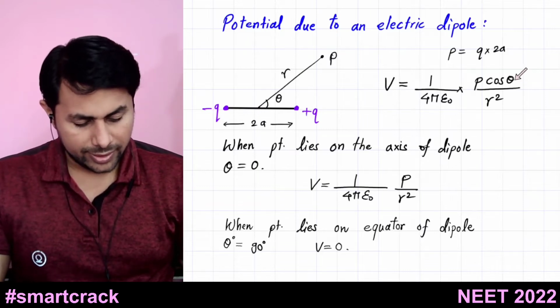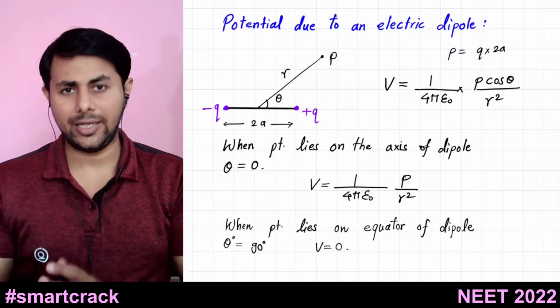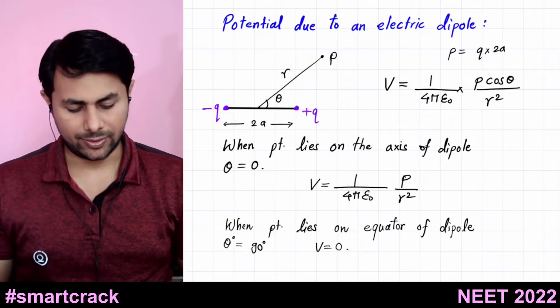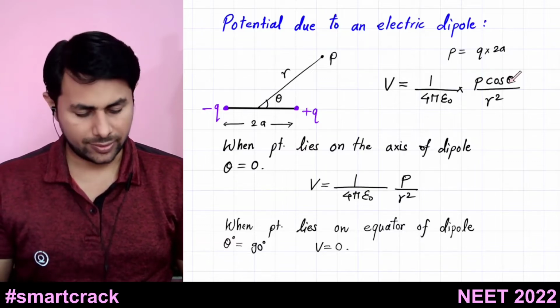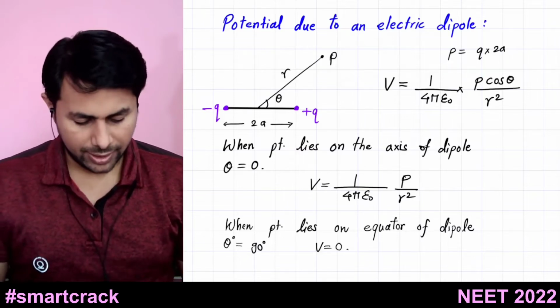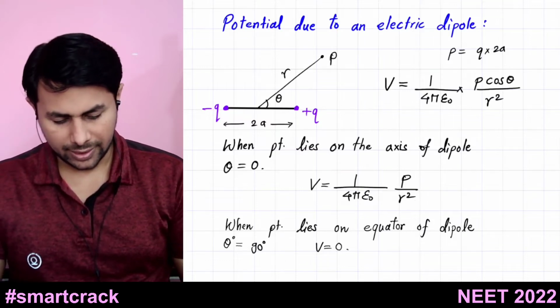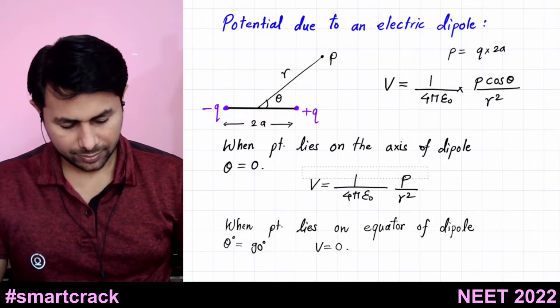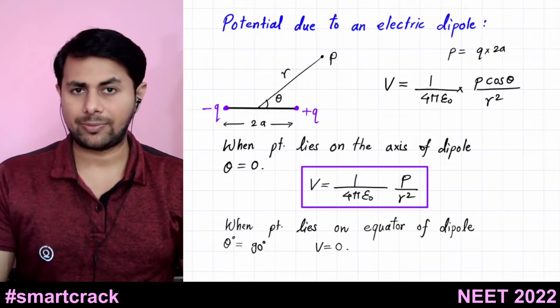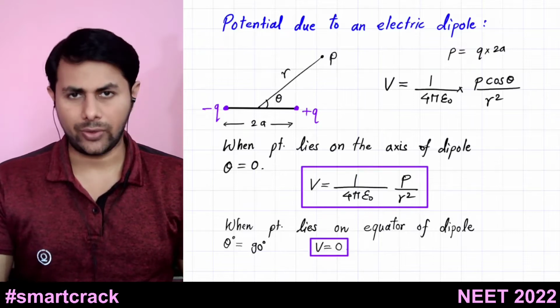So cos of 90 is 0, and therefore the potential at any equatorial point will be equal to what? 0, because cos of 90 is 0. Okay, so potential will be equal to 0. All right, so this is the potential due to a dipole at an axial point, 1 over 4 pi epsilon naught into p over r square, and this is on the equatorial point.